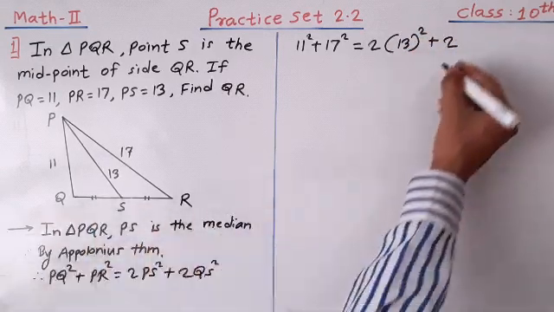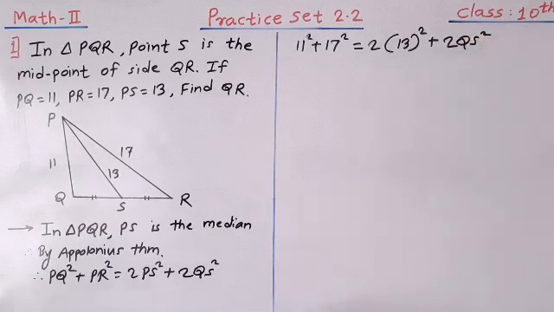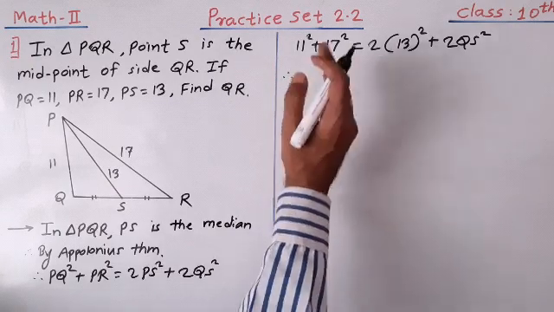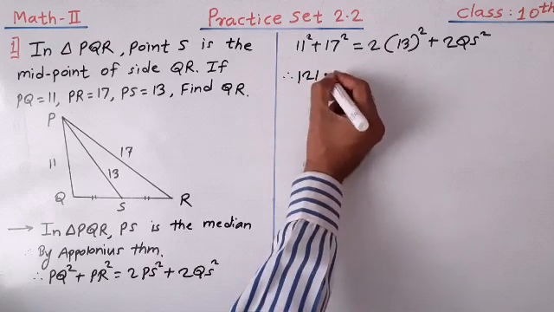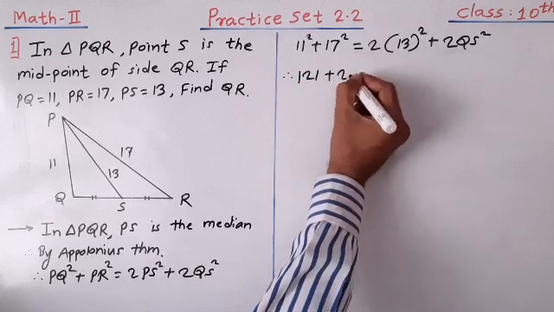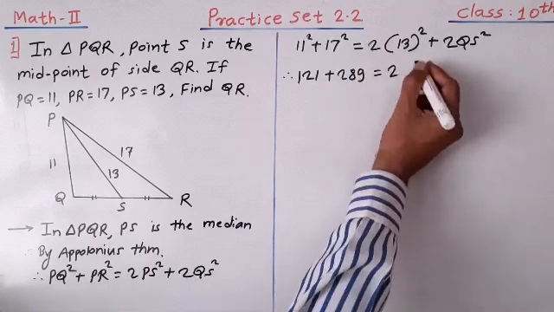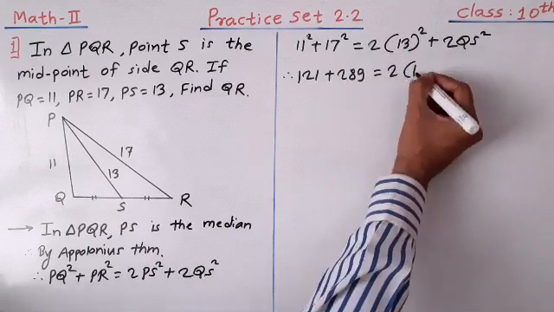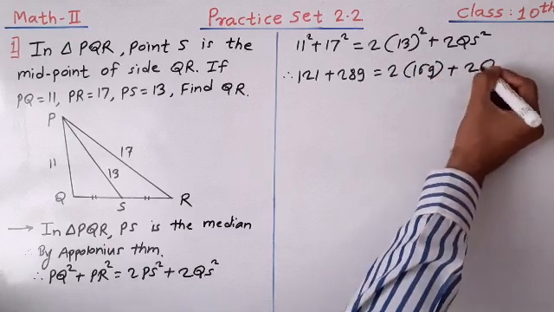QS is not given here, so we are going to write QS as it is, square. Now let us write the squares of all these numbers. Square of 11, 121, plus square of 17, 289, is equal to 2 in bracket square of 13, 169, plus 2QS square.